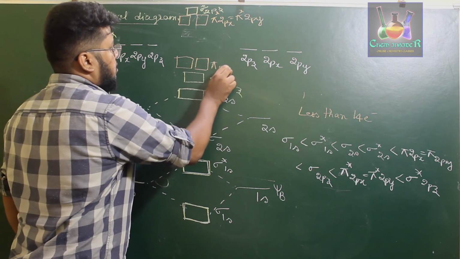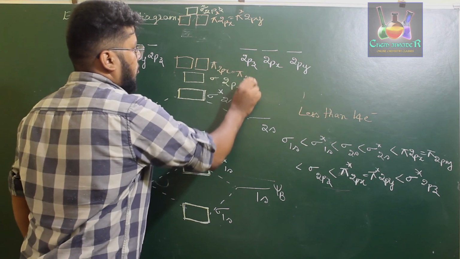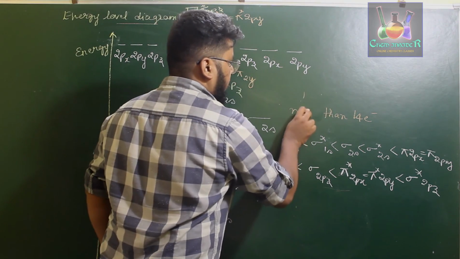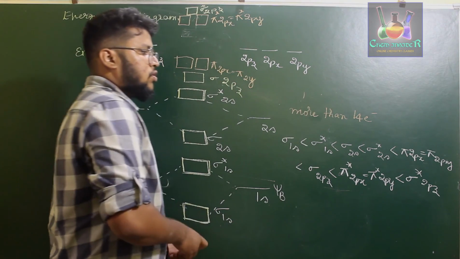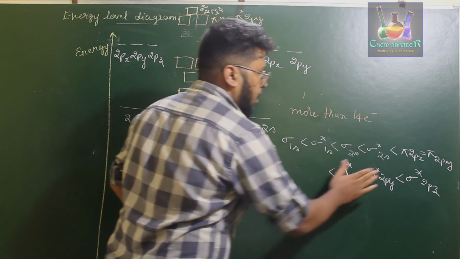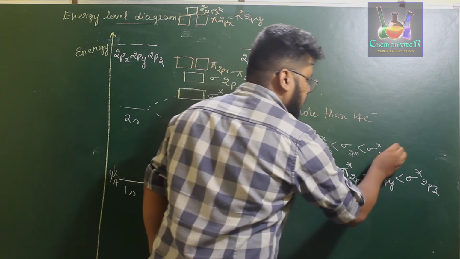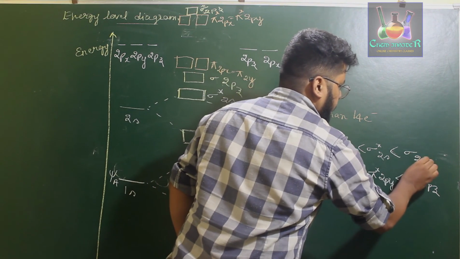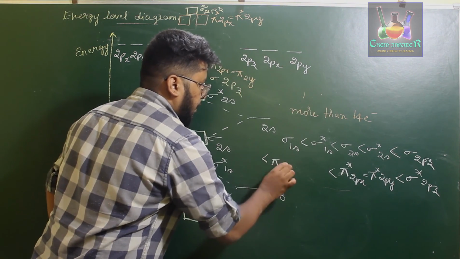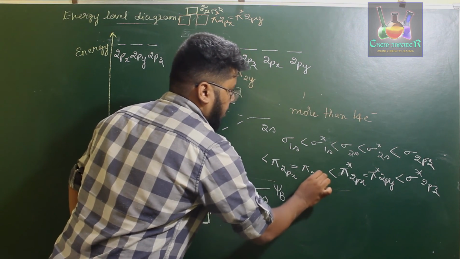So for molecules with more than 14 electrons, sigma 2pz will have less energy when compared to the pi 2px and pi 2py orbitals.